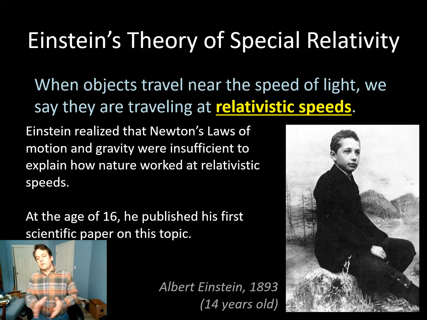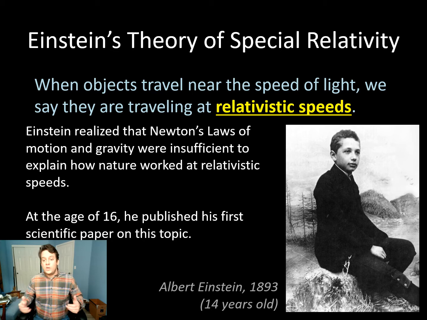But it turns out that after 300 or so years, some cracks started to appear. And among those recognizing the cracks and trying to fill them, if you will, is Albert Einstein. Einstein recognized that Newton's laws of motion and gravity were in fact insufficient to explain how nature worked at relativistic speeds.